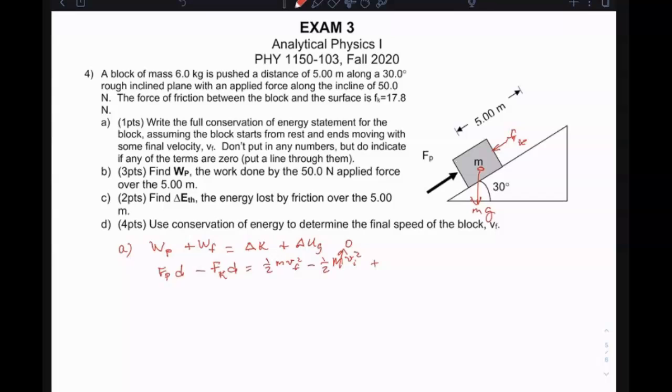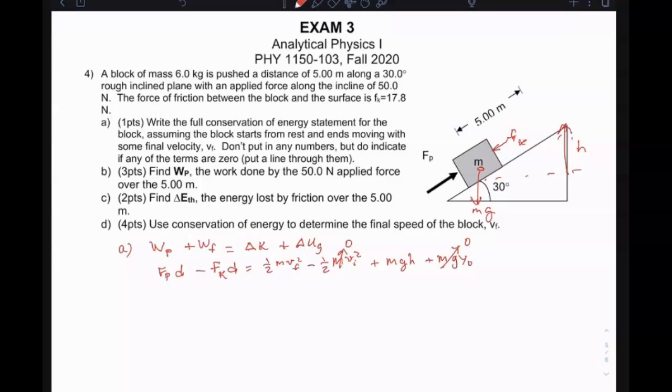And then we have the final potential energy, which, if its vertical position changes by distance h, will be mgh. And its initial potential energy will be mgy0, which we can set equal to 0. And that's a complete statement.